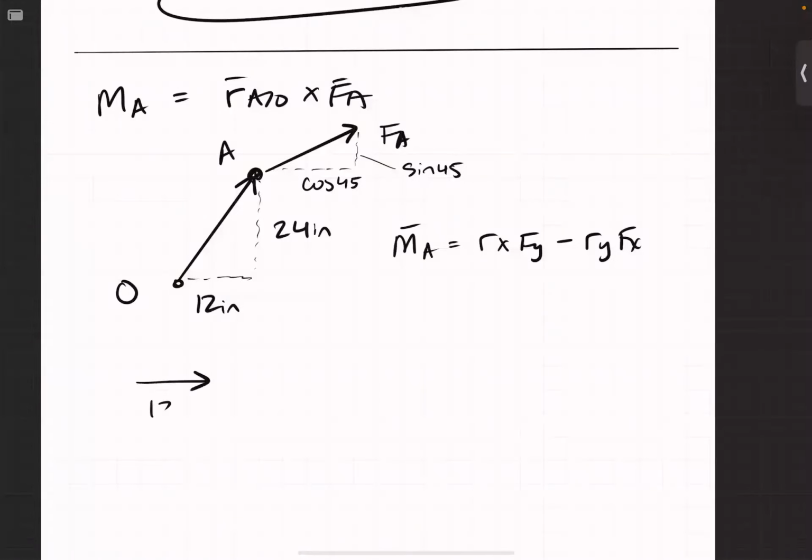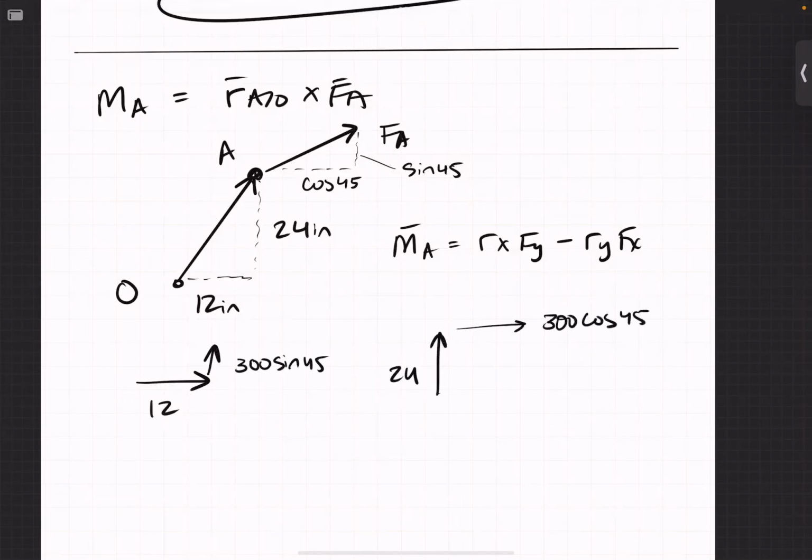So Rx is 12, Fy is 300 sine 45, Ry is 24, Fx is 300 cosine 45.